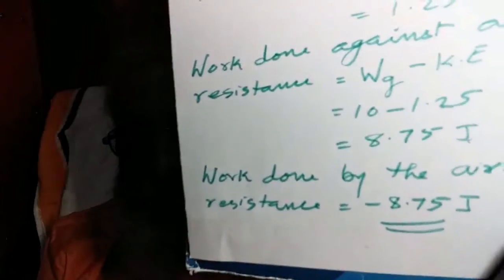Here the question is, what is work done by the resistive force of air? Work is done against air resistance, so work done by air resistance must be negative of this. This sign is very important when you face entrance exams.